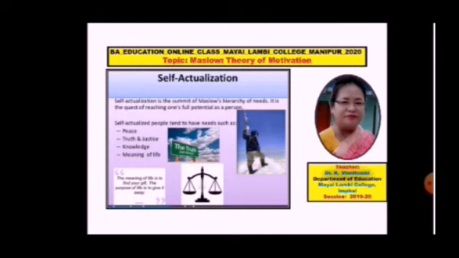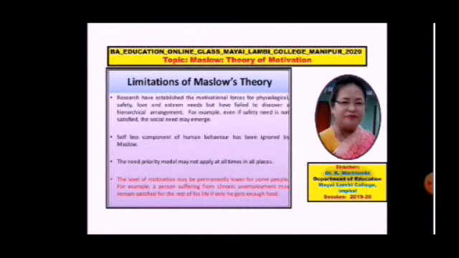Under self-actualization, people tend to have needs such as, number one, peace; the second, truth and justice; thirdly, knowledge; and fourthly, meaning of life.